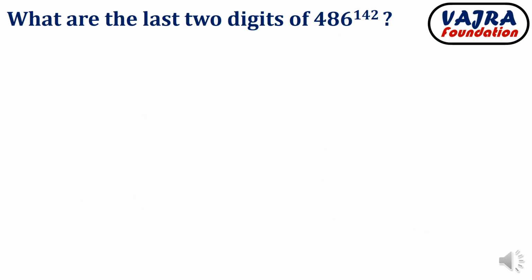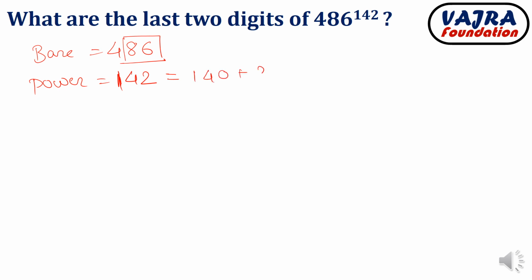Now in this problem, what is the base? 486. We have to consider only the last two digits, 86, in order to find the last two digits. What is the power? 142. Now we have to write it as a multiple of 20: 140 plus 2. So 86 to the power 142 is equal to 86 to the power 140 into 86 to the power 2.